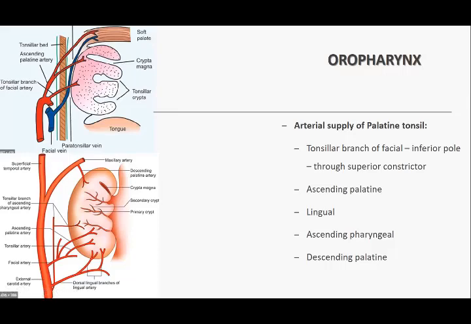You also have the descending palatine, which is not shown here but is shown in this one. And these are the branches of the lingual. So in two drawings you have all the branches that supply the palatine tonsil. You can see how rich the blood supply of the palatine tonsil is, and you have to tie all these blood vessels individually in order to remove this tonsil.